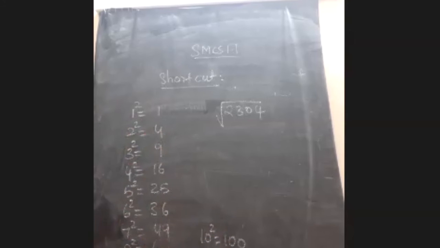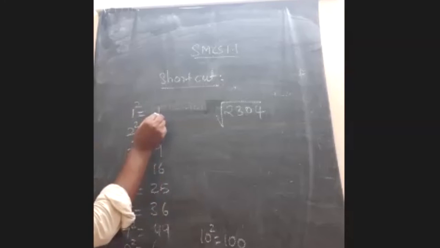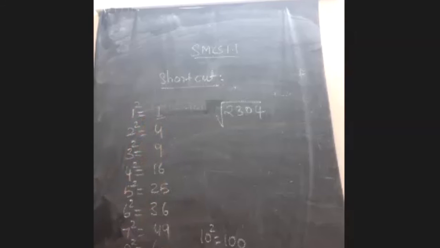See, one interesting pattern is repeating here. 1 square ends with 1 and 9 square also ends with 1. 2 square ends with 4 and 8 square also ends with 4. 3 square is 9 and 7 square is 49, ending with 9. 4 square is 16 and 6 square also ends with 6.